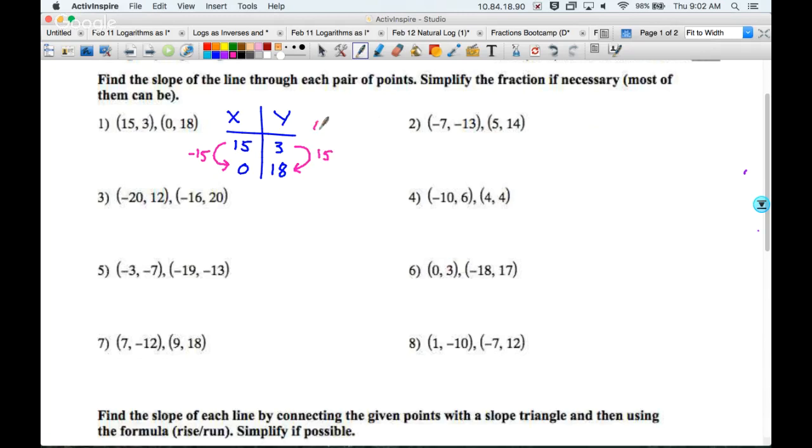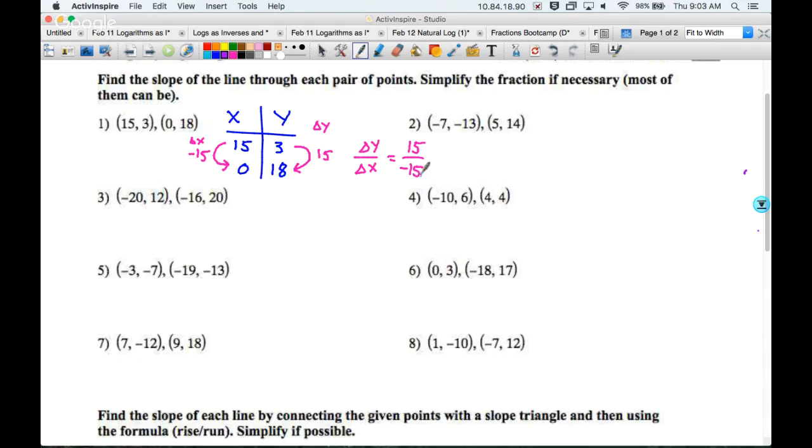All right, this number over here is my delta y. This number over here is my delta x. And then the formula delta y over delta x gets me my slope. So delta y was 15. Delta x is negative 15. And that is my slope there. Can we simplify that? Yes, I can simplify this.